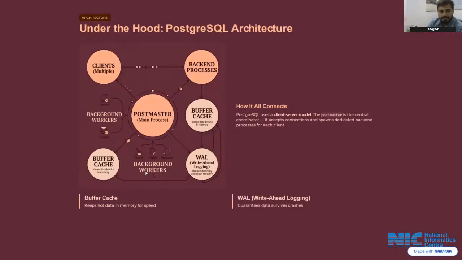Server is the postmaster. So when you connect, you are interacting with a backend process managed by the central postmaster. Postmaster is the center here. This design allows efficient handling of multiple concurrent connections. Okay, you can have multiple concurrent connections.